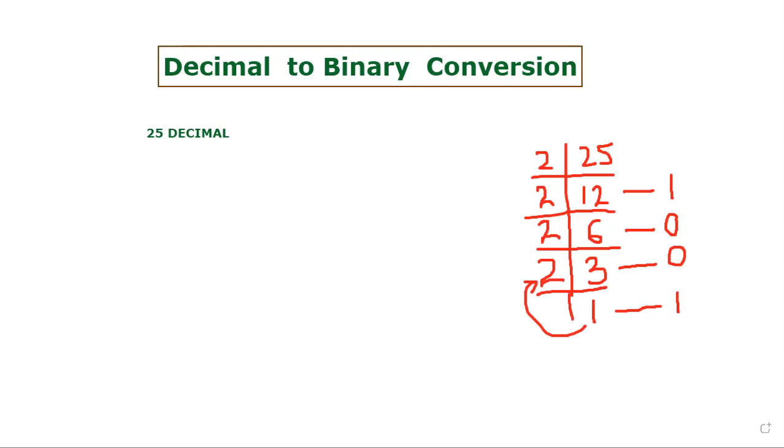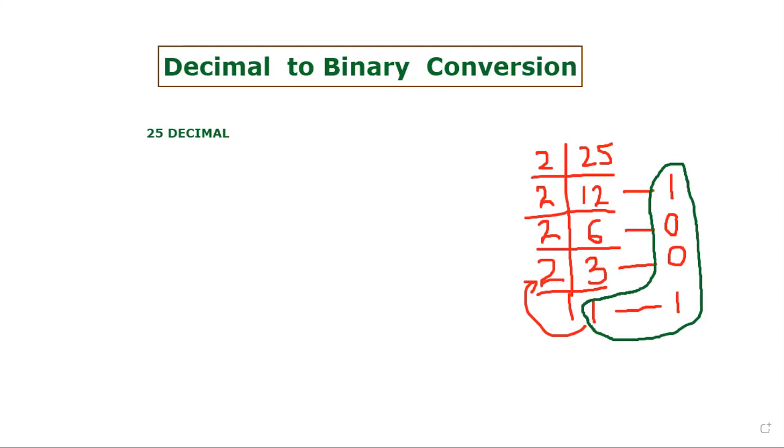And now what I have to do is save these remainders, as well as the very last quotient. And how will we save it?